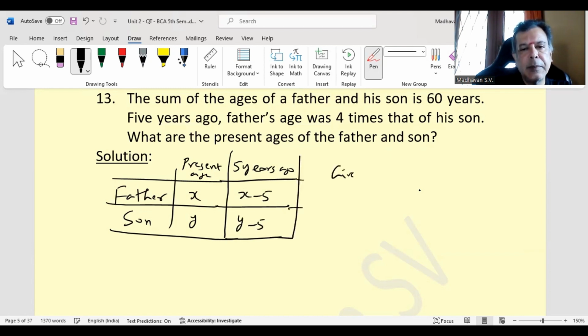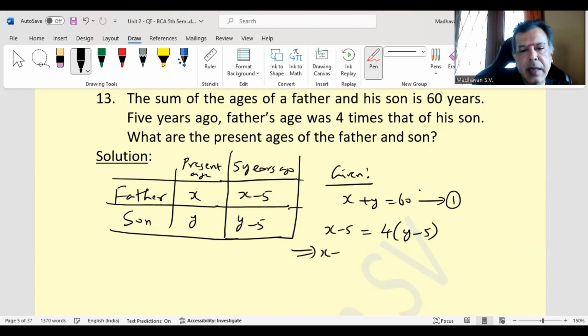Now, what is given? The sum of the ages of father and son is 60. That we will write X plus Y equal to 60. Then 5 years ago, father's age, X minus 5, was 4 times that of his son, equal to 4 times Y minus 5.